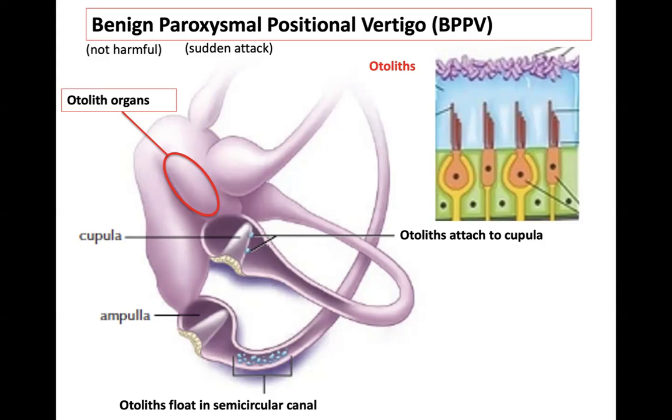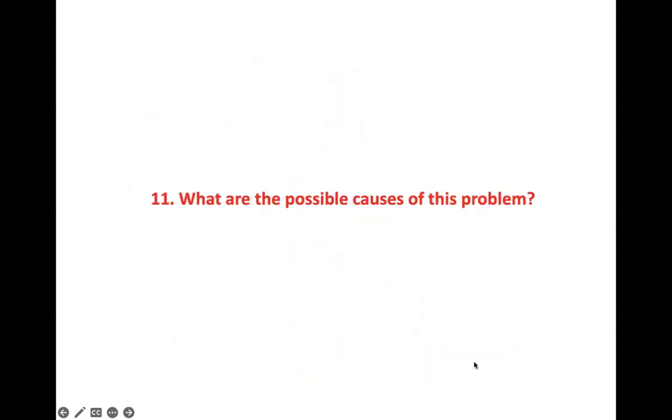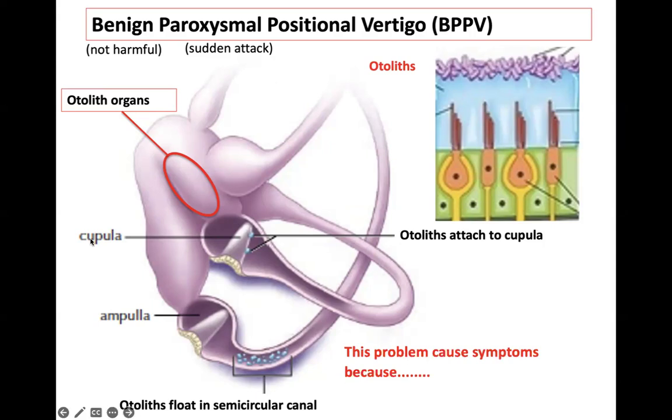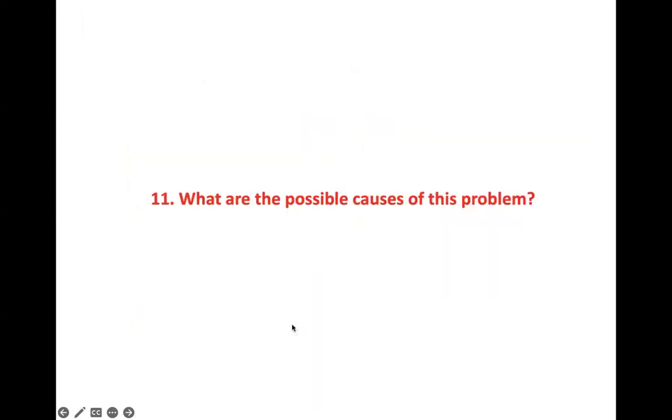Or sometimes the patients feel that they themselves are rotating as well. The problem causes symptoms because, as we explained, hopefully you know the otolith now, and it's not in the right place. It's falling into the semicircular canal.